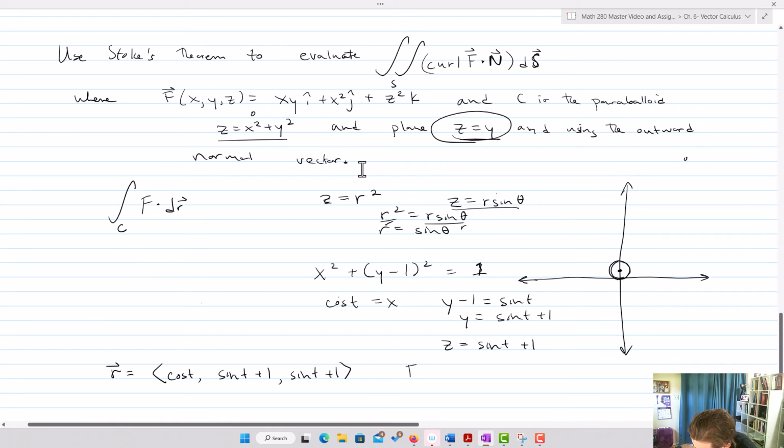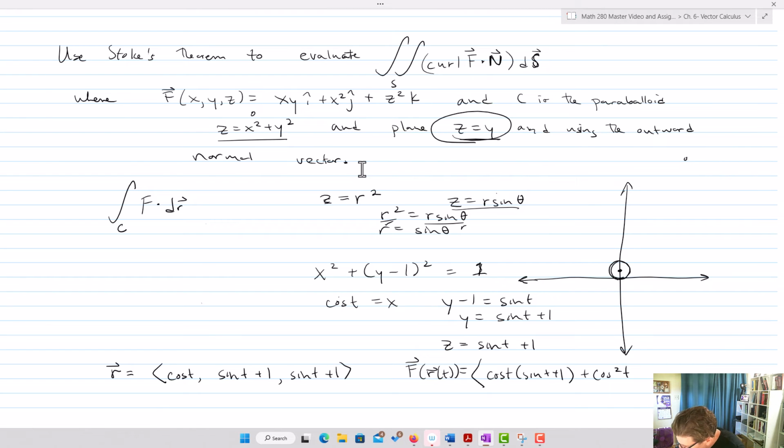So f of r of t is going to then equal cosine t times sine t plus 1, comma, cosine squared t, comma, and sine t plus 1 squared.